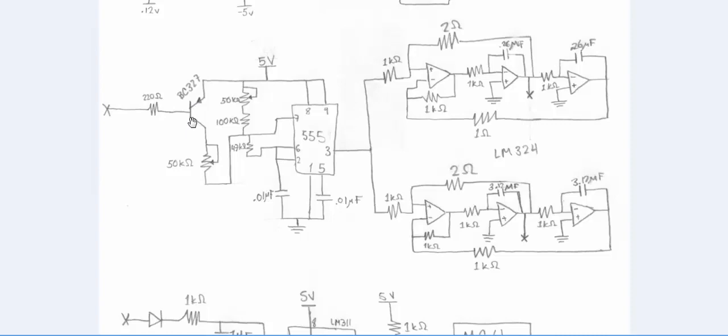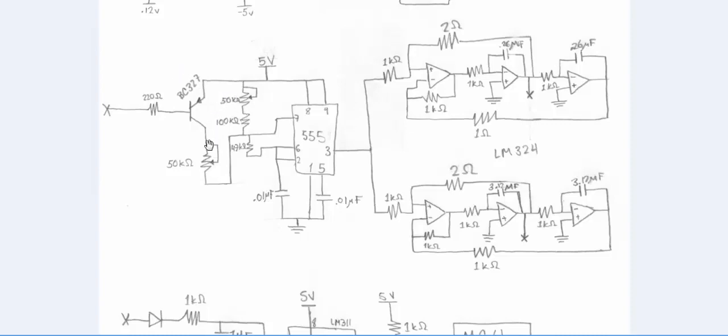In our case we decided to use a BC327 transistor because it was the one we could get in our city, and it was not expensive. But any PNP transistor is useful.